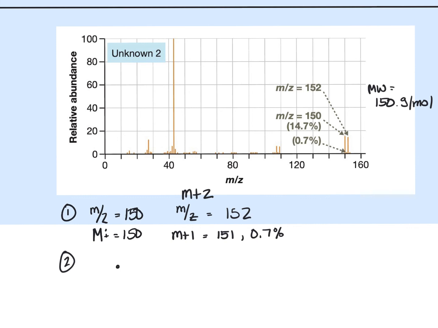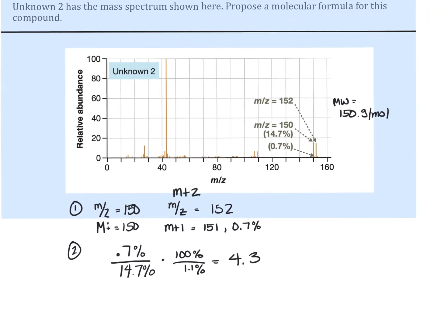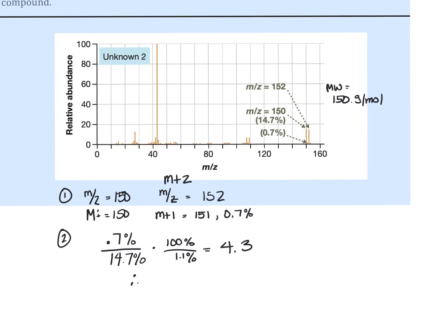So we're going to take that M+1 abundance and divide it by the abundance of just our molecular ion peak, which is given here. It's 14.7%. Multiply it by 100% divided by 1.1%. And that gives us 4.3. So we're going to estimate here that this unknown has 4 carbons. So we're going to do a therefore 4 carbons.